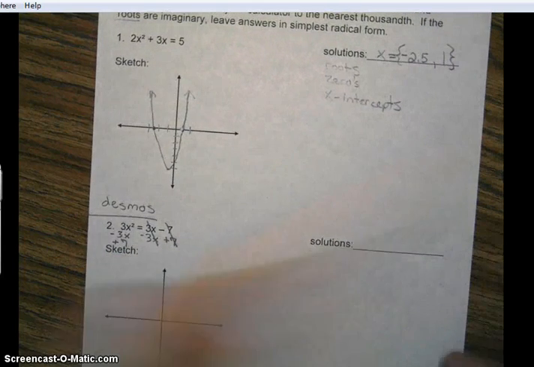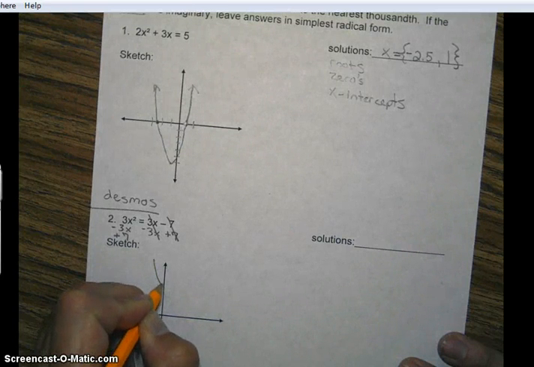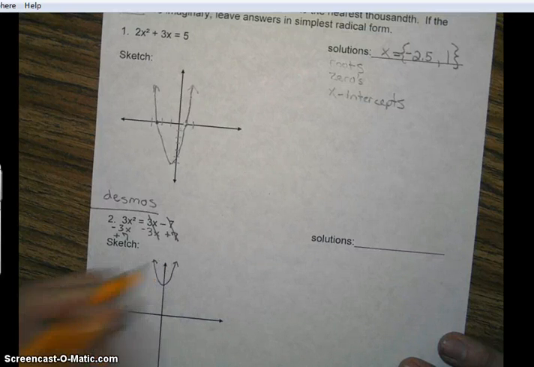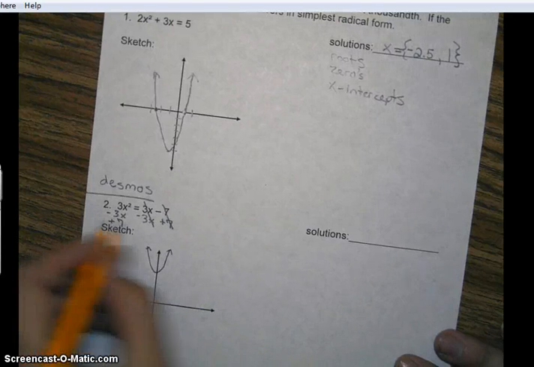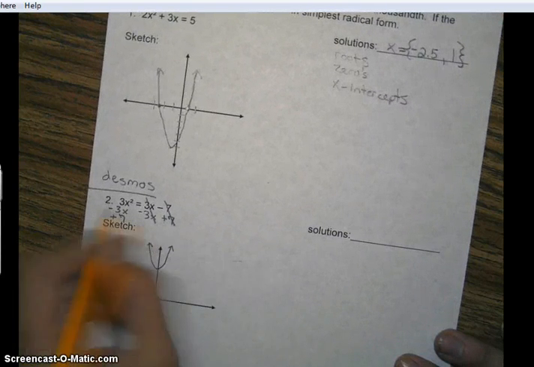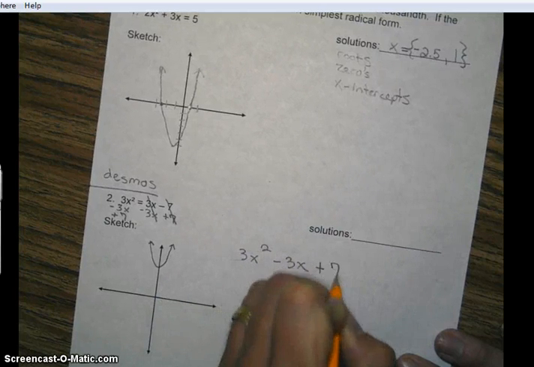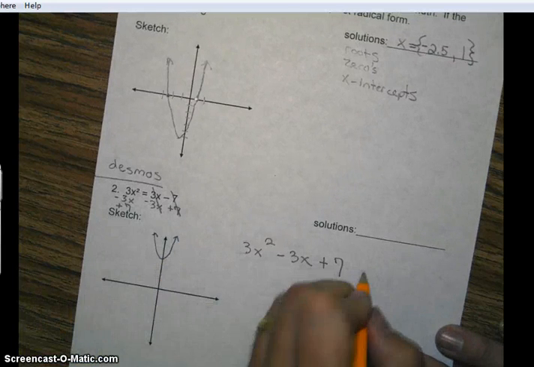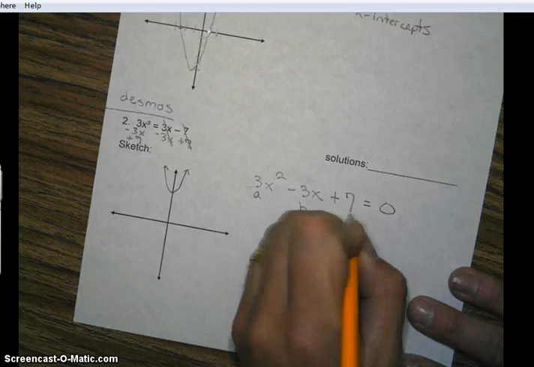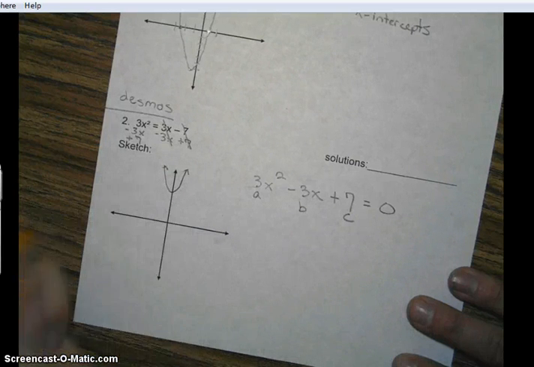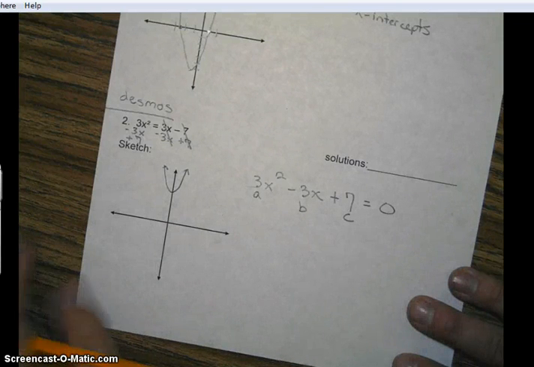So when we have imaginary roots, I'm just going to sketch this one, not even getting the 3 points here. We're going to use the quadratic formula. We're going to identify A, B, and C, and plug them into the quadratic formula and then find our solutions that way.